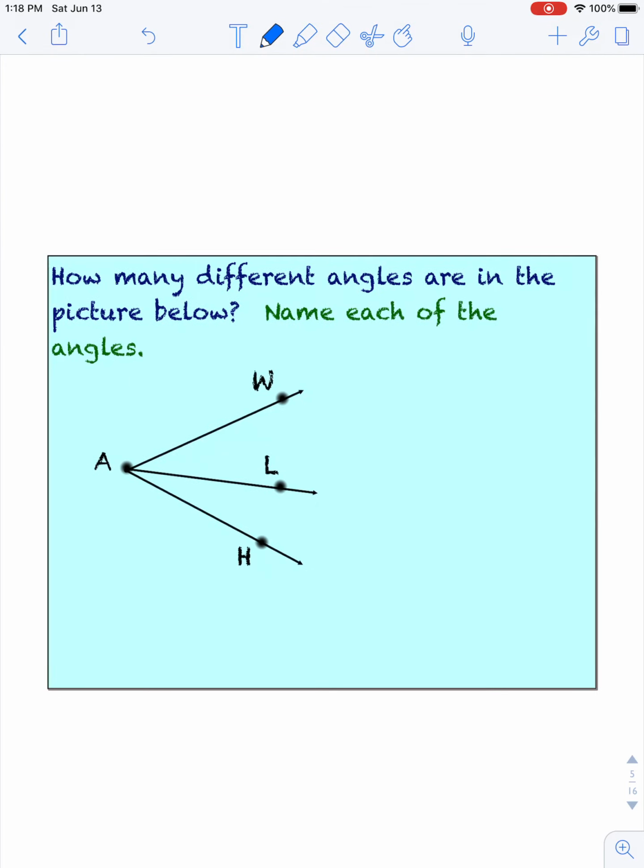How many different angles are in this picture below? Well, we have one angle here, we have this angle here, and then we have this larger angle right here. So the number of angles in this picture is 3. So we're going to name them all. The first one, the one with one tick mark, is angle WAL.